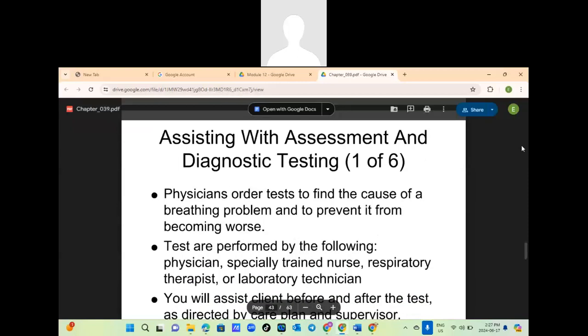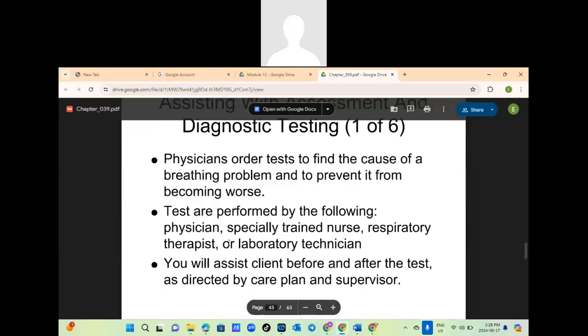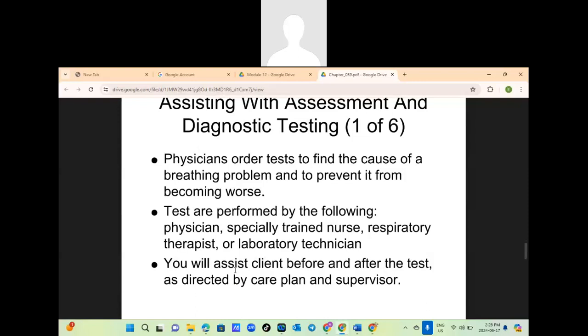Let's go to assisting with assessment and diagnostic testing. Physicians order tests to find the cause of a breathing problem and to prevent it from becoming worse. The tests are performed by the physician, a specially trained nurse, a respiratory therapist, or a laboratory technician.